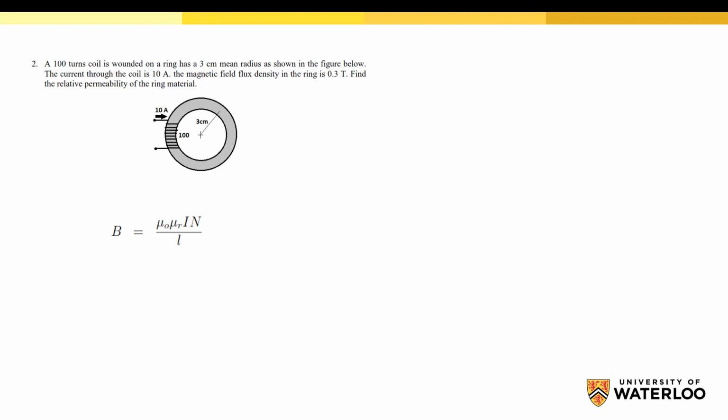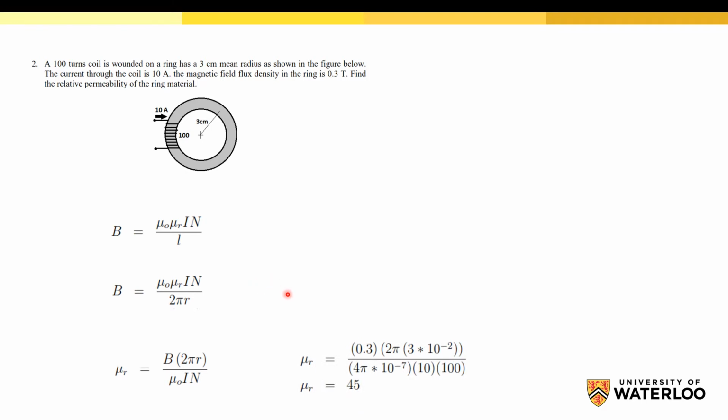So here this length will be 2 pi r, and the only unknown in this equation is relative permeability mu r. So we can solve for mu r. And as you know, it's dimensionless. So that's all for this question.